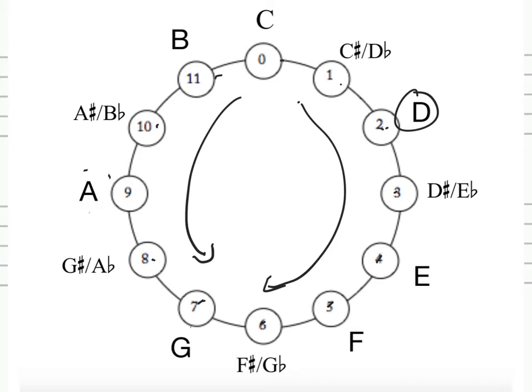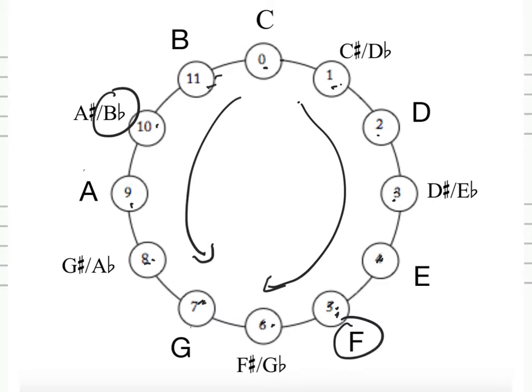The next example I gave you after that was B flat to F. So here's B flat and here's F. So going up 1, 2, 3, 4, 5, 6, 7, going down 1, 2, 3, 4, 5.